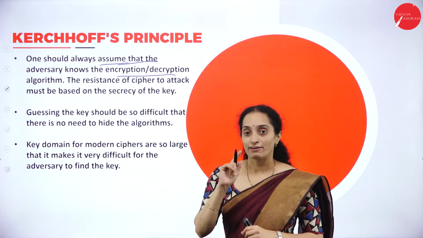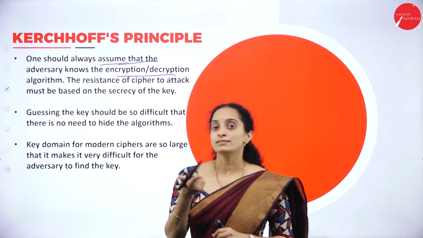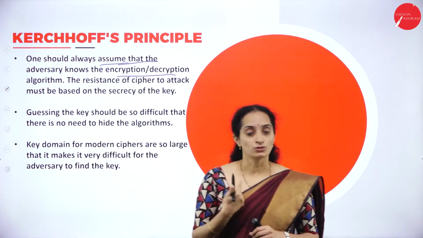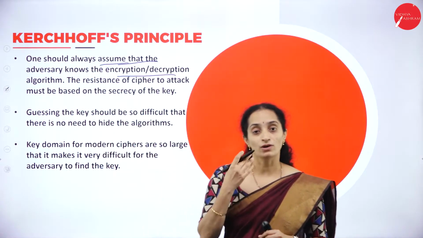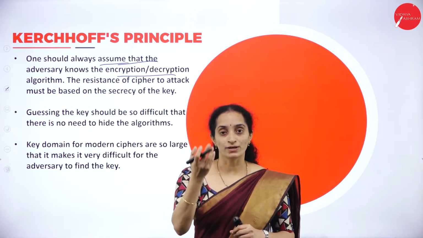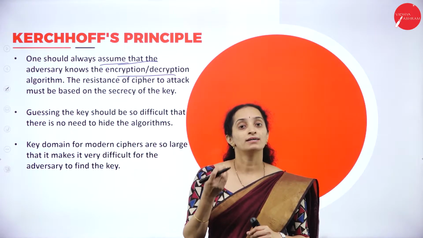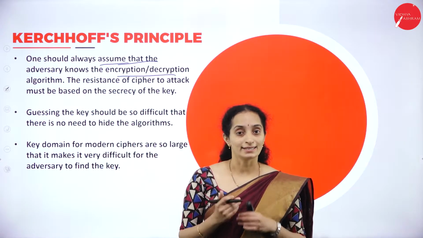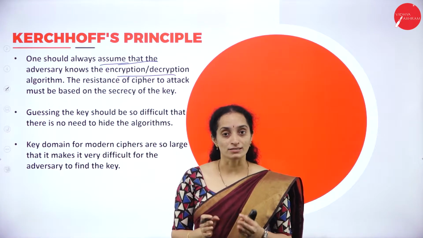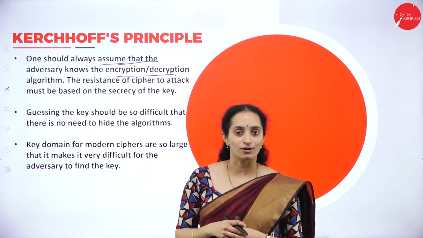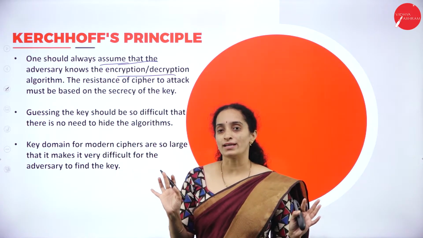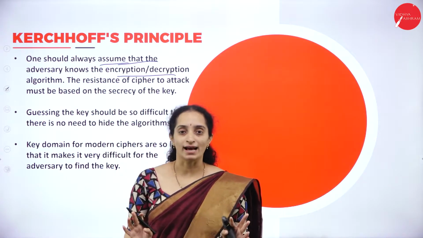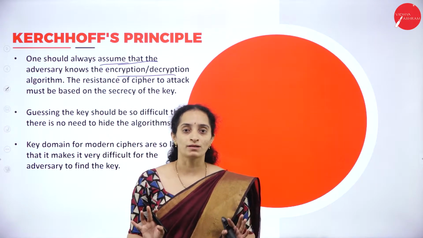That means if our opponent knows the method to attack us, if we assume that the opponent will attack us, we'll be cautious and take the necessary measures to protect ourselves, is it not? If we feel that nobody is watching us, nobody can do any harm to me, we'll be relaxed and do our normal work.